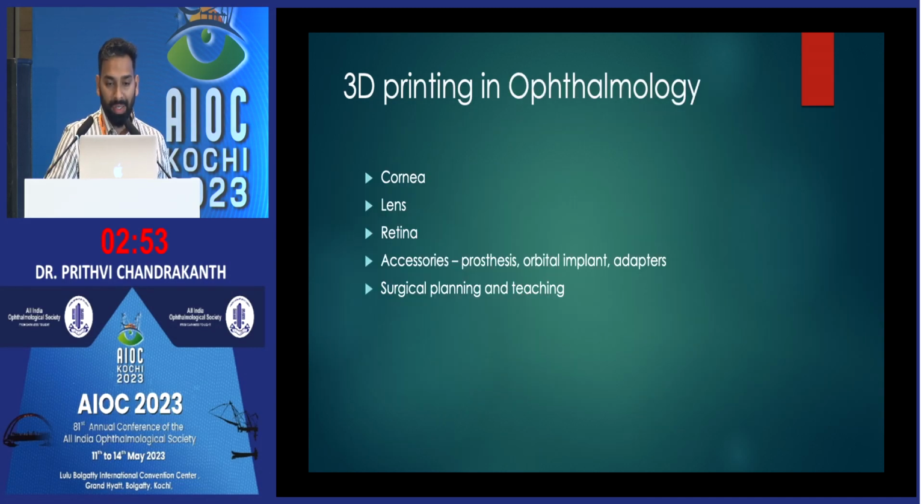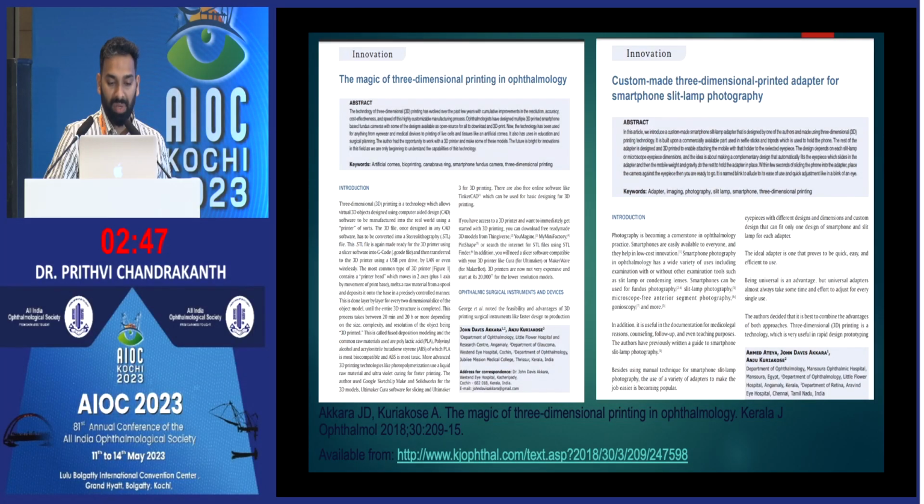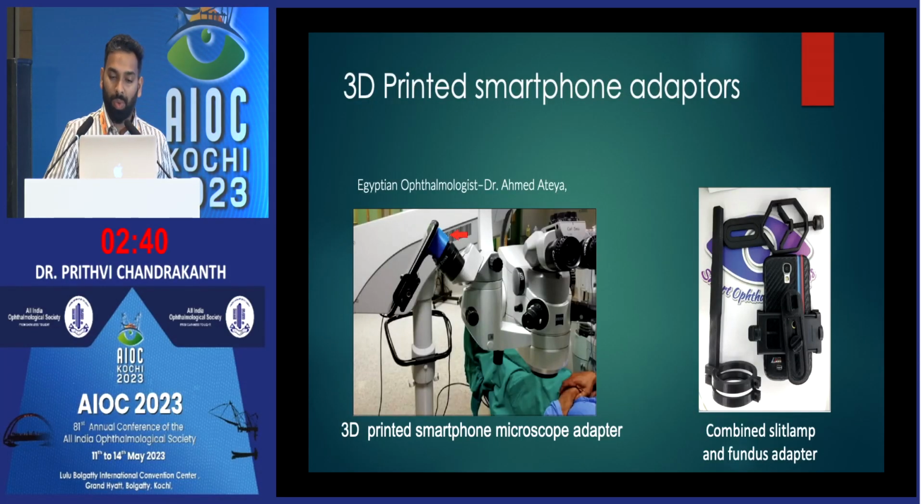So going directly to 3D printing in ophthalmology, these are all the places where we are able to 3D print structures, and we have an article by Dr. John. Where have we used this? We have used this to make smartphone adapters, and Dr. Ahmed Ataya, who is also a good friend of Dr. John's, has actually made this.